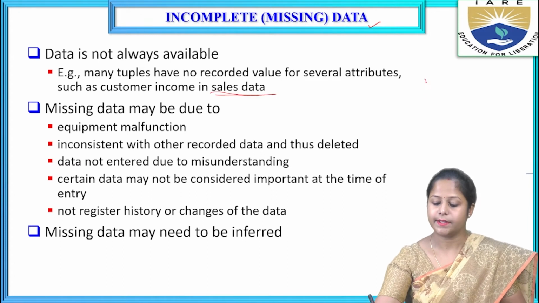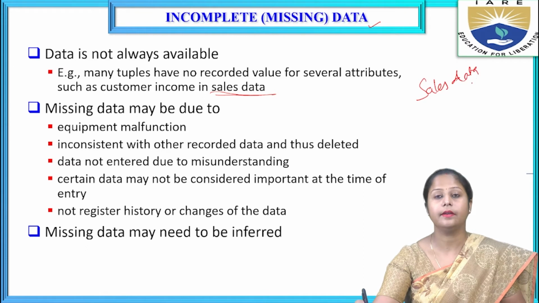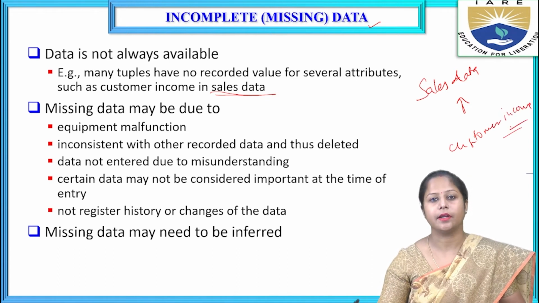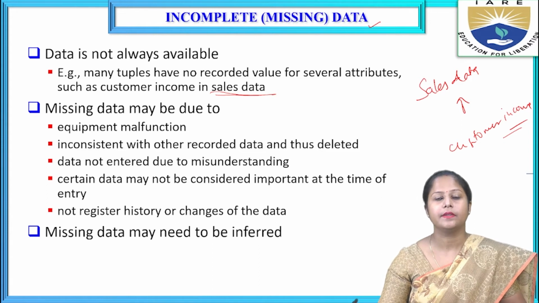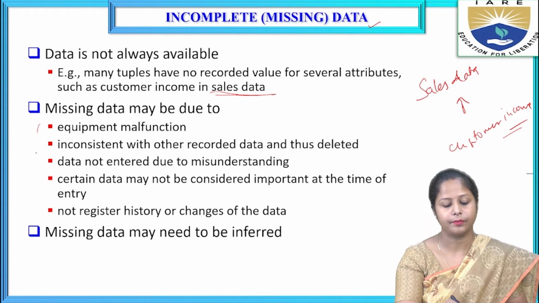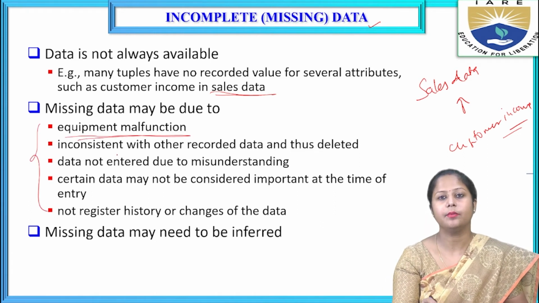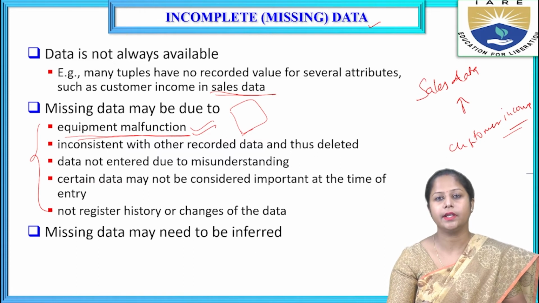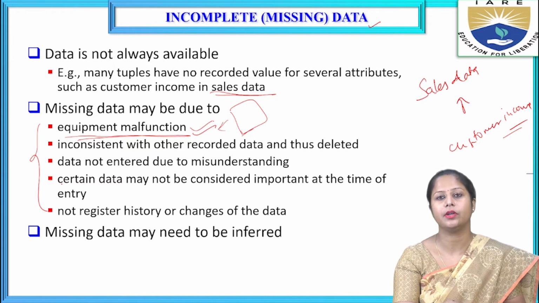If we have sales data and customer income is missing, that is called missing or incomplete data. Second, missing data may be due to several reasons, such as equipment malfunction. If we are saving from some place and the system is not working or some malfunction is there, then the data is missed and not stored properly.